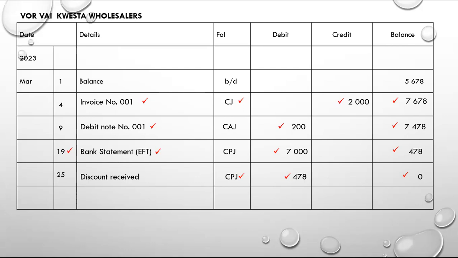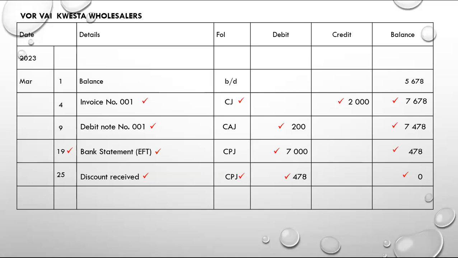Instead of me asking you all the journals, and after asking you all the journals you still have to prepare either the debtor's ledger or the creditor's ledger, here I just ask all the journals separately, and the creditor's ledger separately, and the general ledger separately, so that you don't have to think about a lot of things at the same time. This is my way of making sure that you get maximum marks, okay?